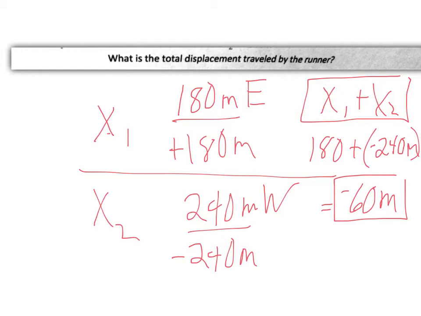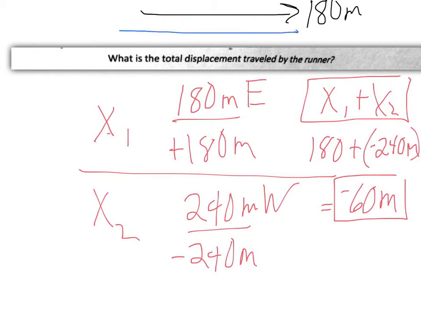I mean, you could use vectors as well. You could say, okay, you went this way, 180. So the vector is just an arrow pointing which way you went, to the right, how far. And you can have another vector pointing to the left, but a little farther, because 240 is farther than 180.